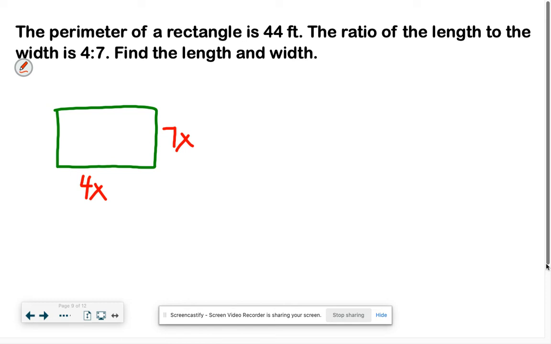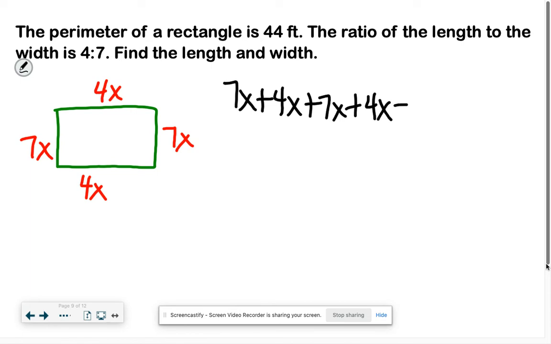But what would this top side be? 4x. So let's put a 4x up there. What about this left side? 7x. And together, what do all of these have to add to? 44. Okay, so let's write that out. It's going to be kind of long: 7x plus 4x plus another 7x and another 4x.